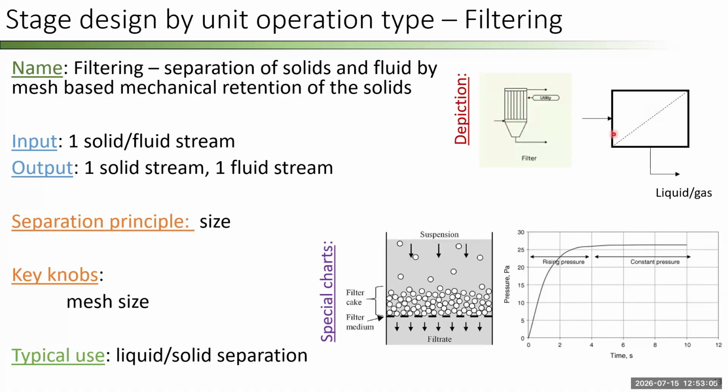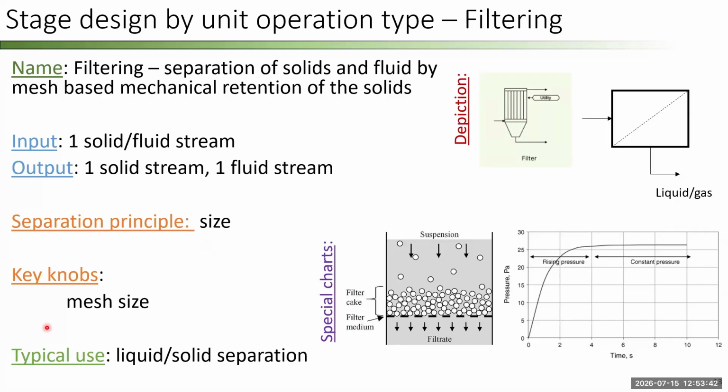Or it can be something like I'm showing over here, where liquid and solid come in, they're pumped in, and then the solid particles accumulate on that filter medium while the liquid or gas gets to leave through the bottom. Again, we're relying on the fact that solids are going to have a distinct size, whereas the gas and or liquid can fit through more or less all mesh sizes.